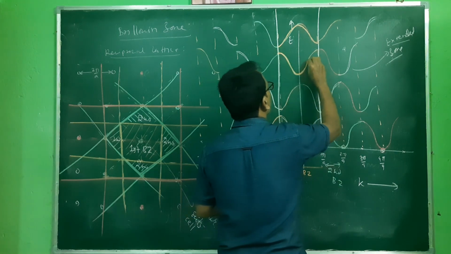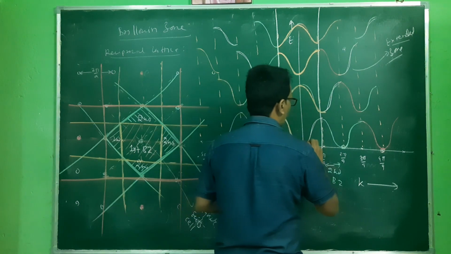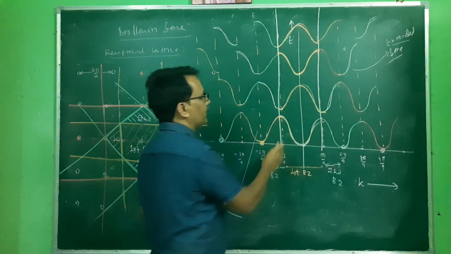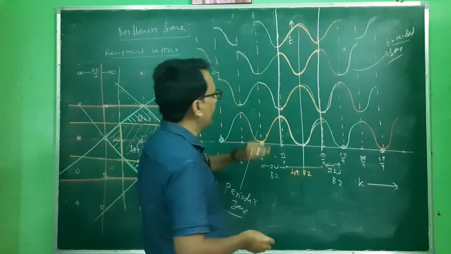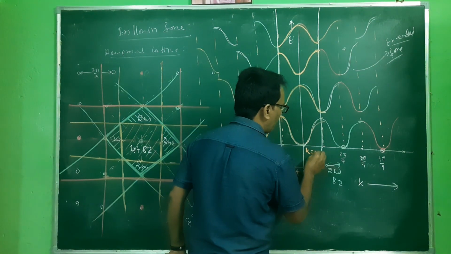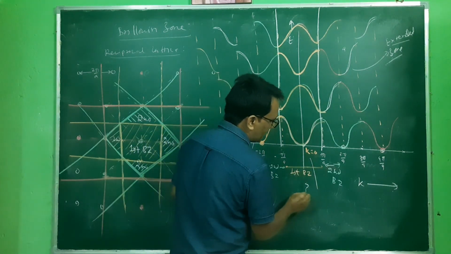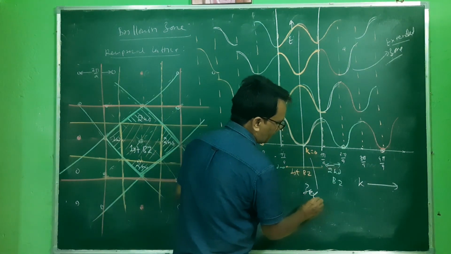This is the first one, this is the second one, and this is the third one. This one is the valence band, and this is the conduction band, and here K is equal to 0, which is also known as the zeta point.